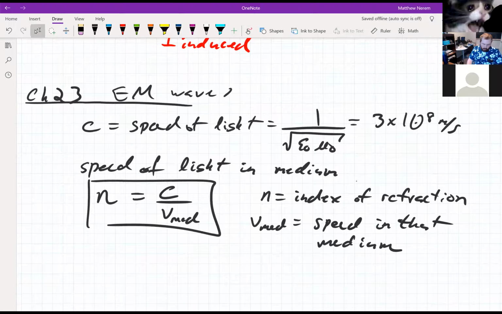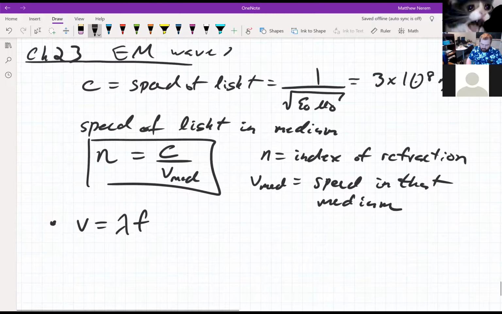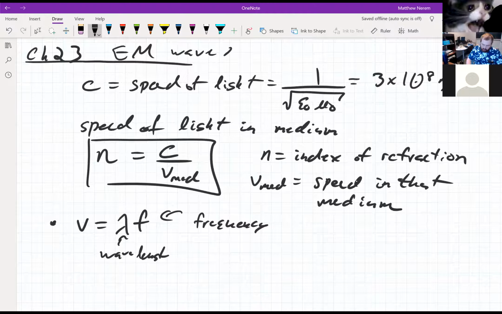Let's see here. What am I glossing over? V is equal to lambda f: wavelength, frequency, speed.